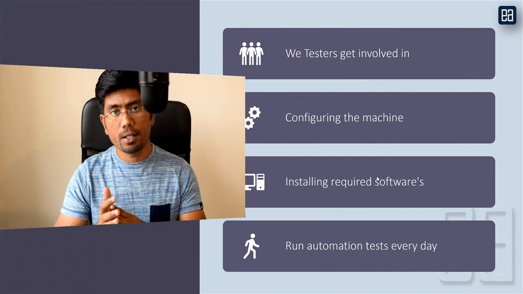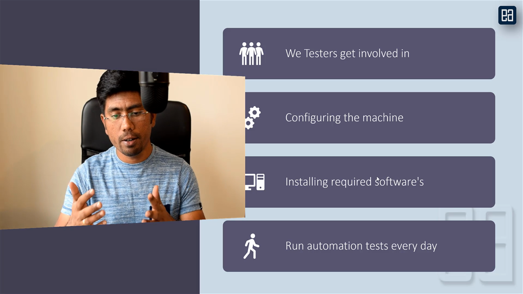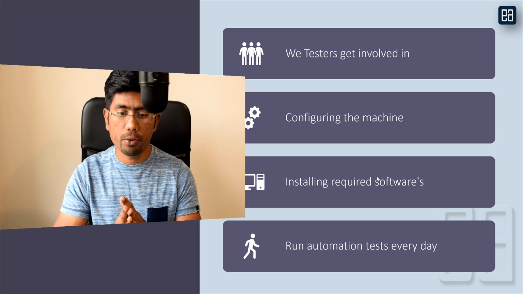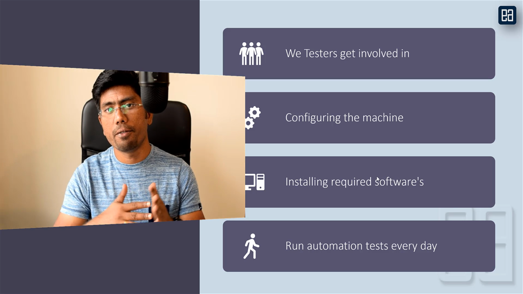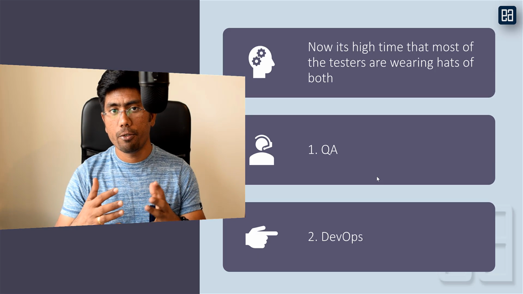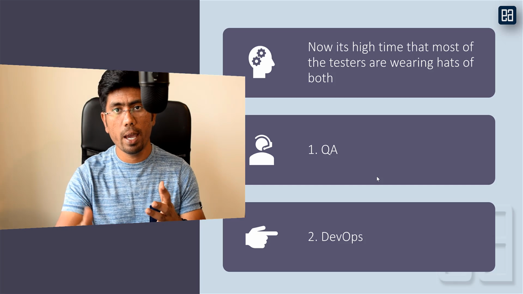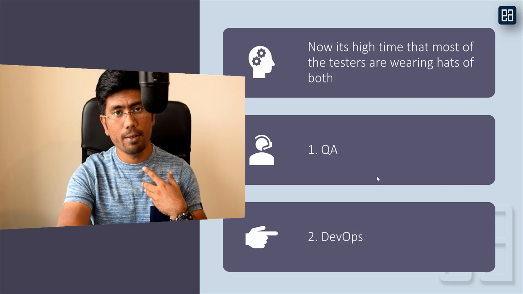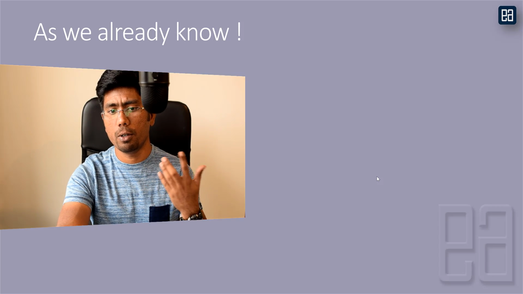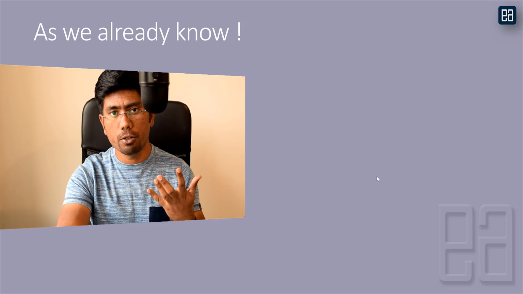As testers, we get involved in configuring the machines, installing required software, and running automation tests every day. And now it's high time for us to wear the hats of both QA and DevOps, which makes our life even easier because we are almost doing everything we need to do.